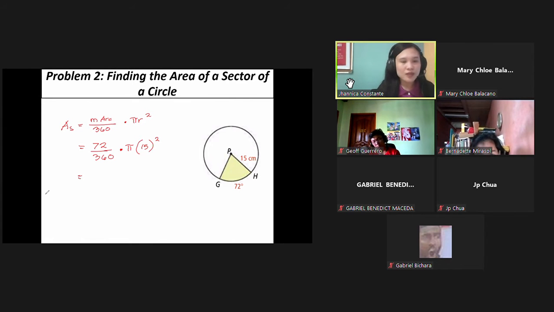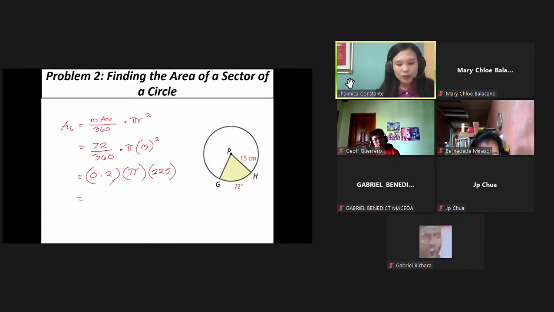So we have 72 divided by 360, which is equal to 0.2, multiplied by the product of pi and 15 squared. So pi times 15 squared is equal to 225 pi. So get the product of all the numbers that you have in the problem.